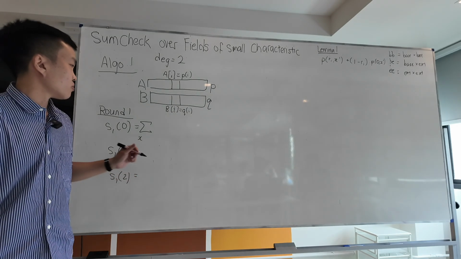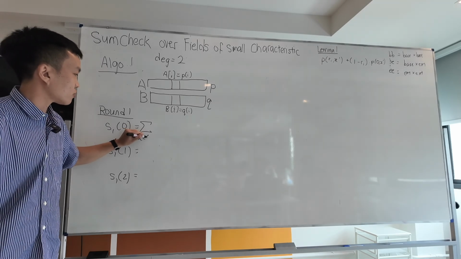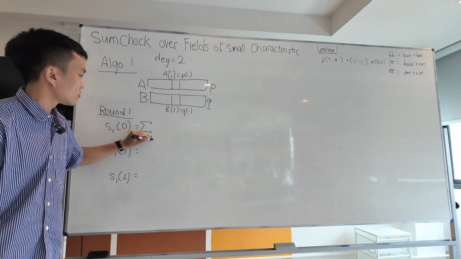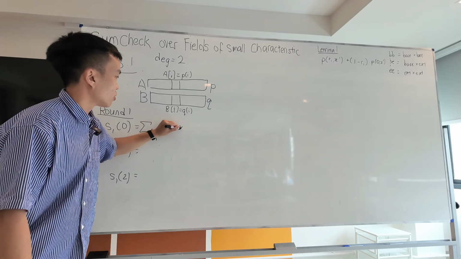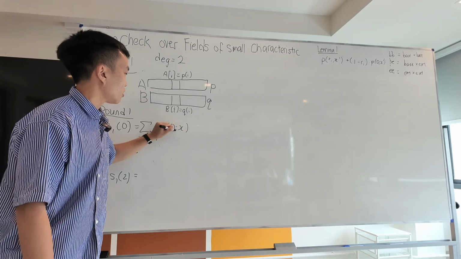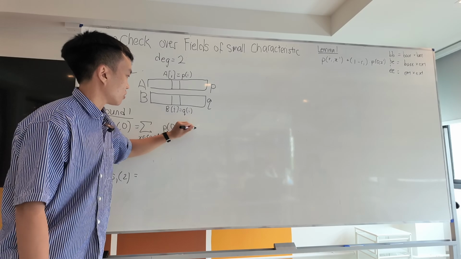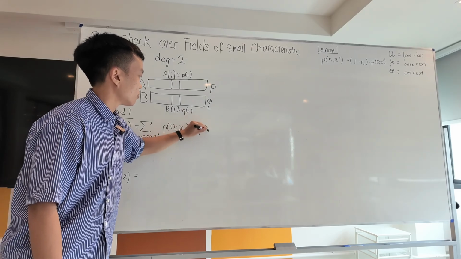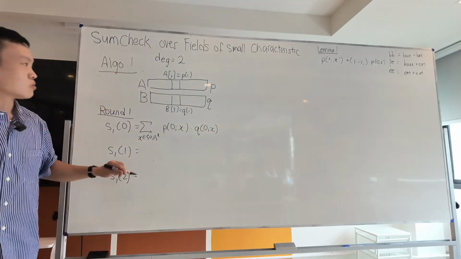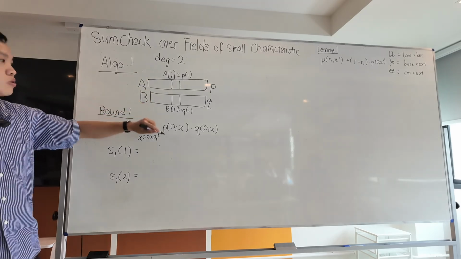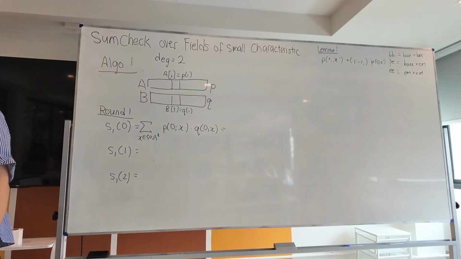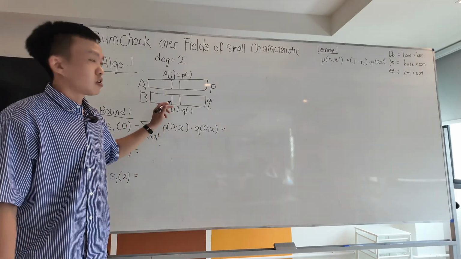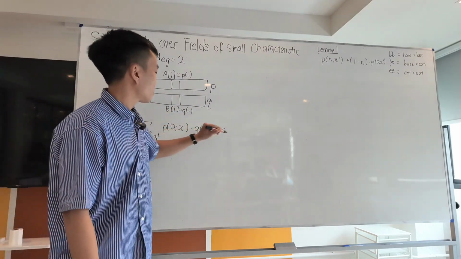So if we remember the actual problem that we want to solve, we want to solve over the sum of P0 and Q0 of x. But because we are storing the evaluations here, what we can do is actually just index into the arrays that we have here.